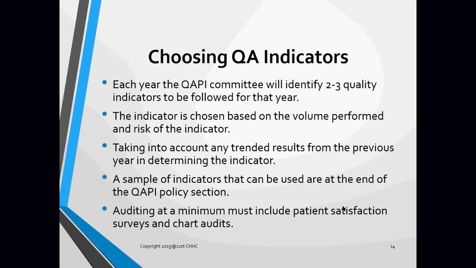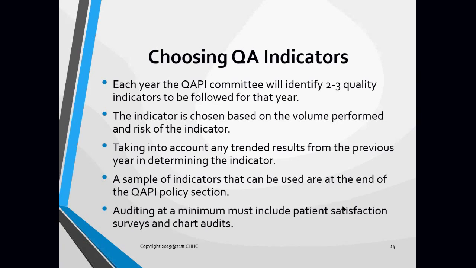So some of the questions that we get are, how do I choose my quality indicators? At the back of your QAPI policy section that we talked about, we have given you probably about 30 or 40 indicators. They're just a sample of some common ones that you can use.